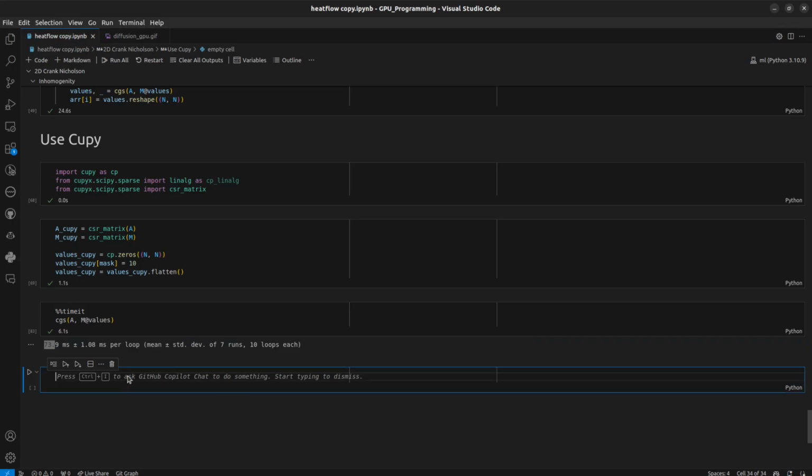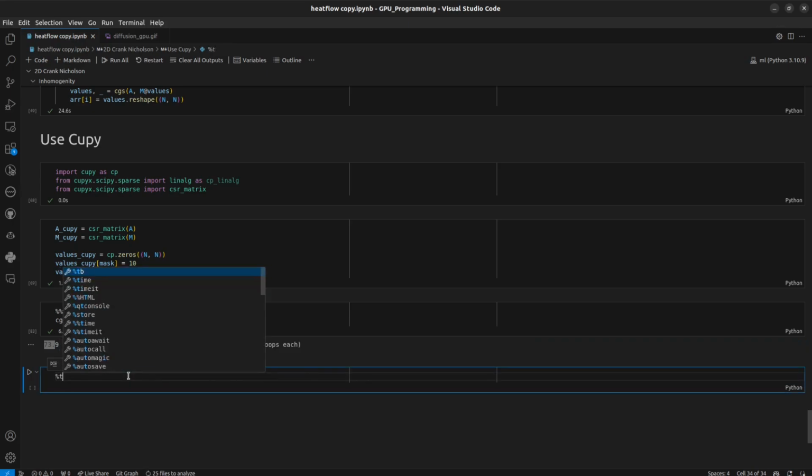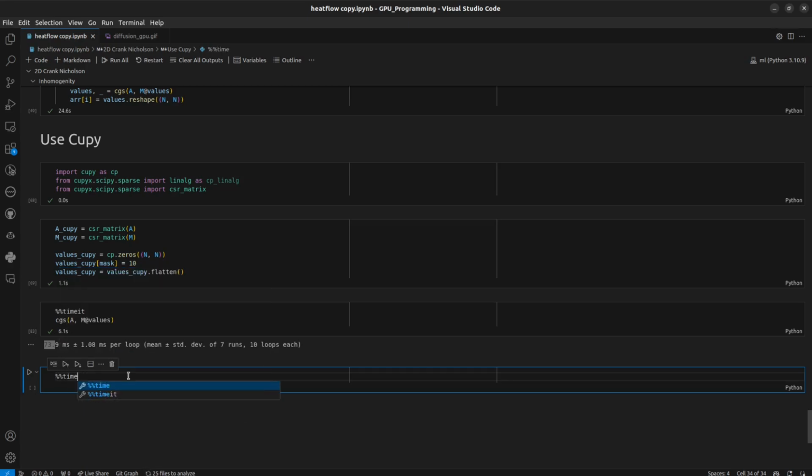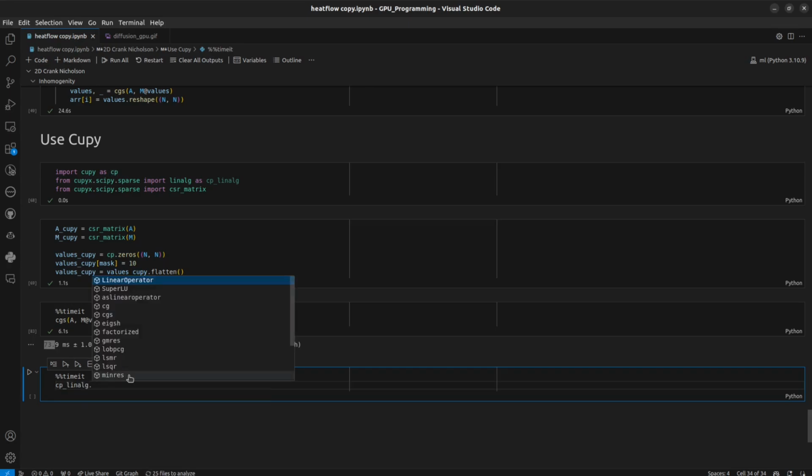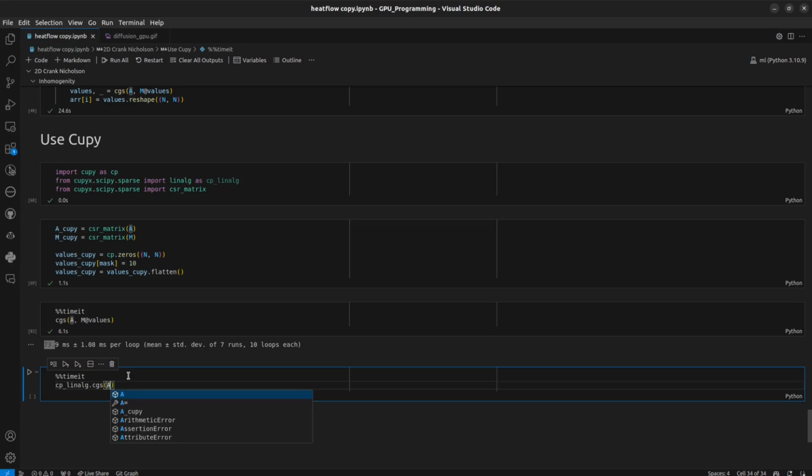And if we do the same thing for the GPU method, it's going to need hopefully far less.